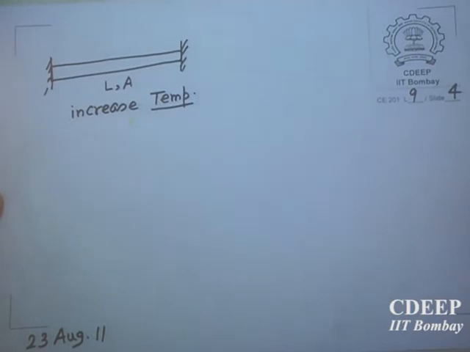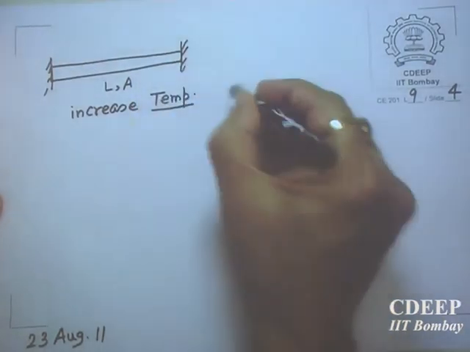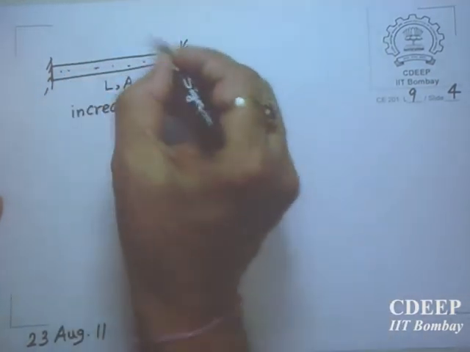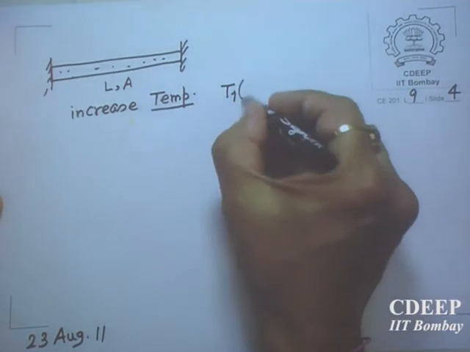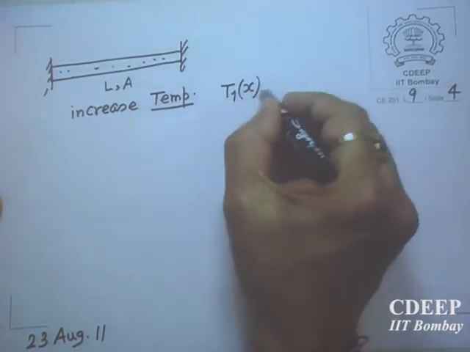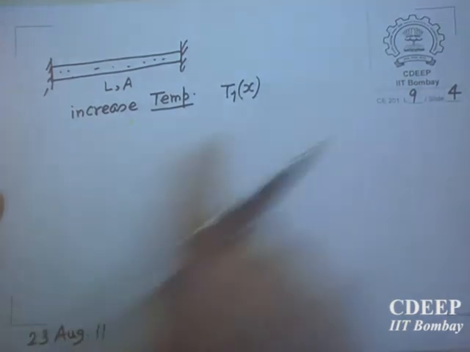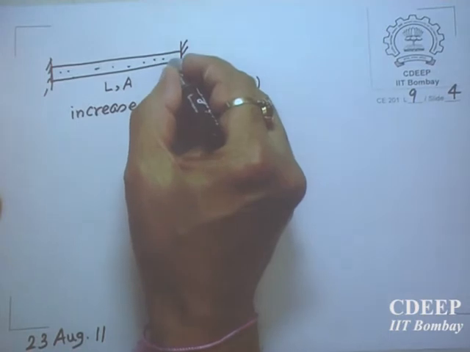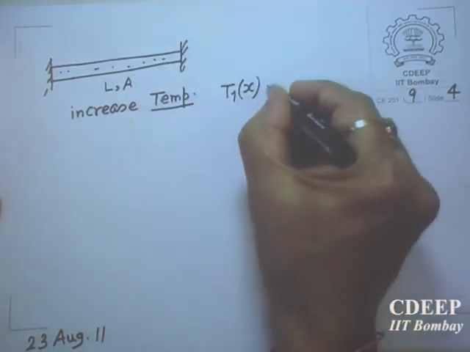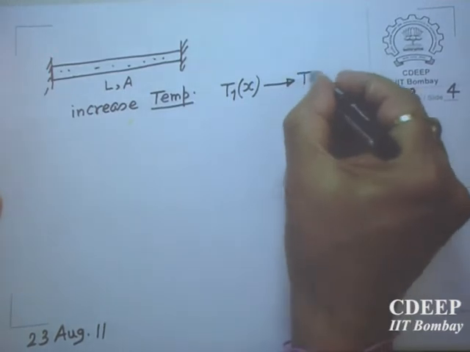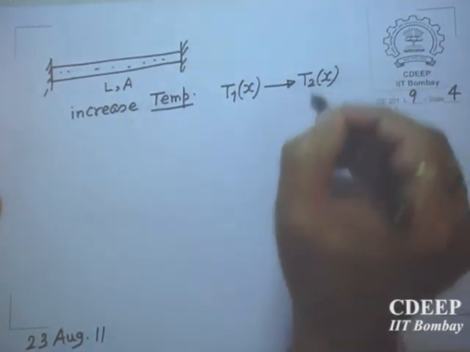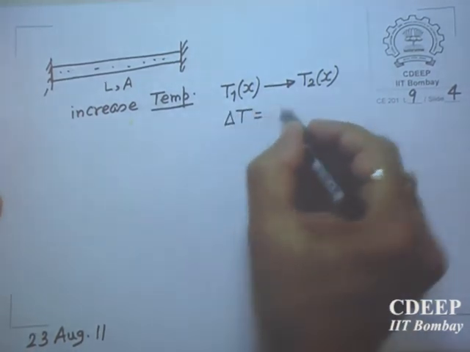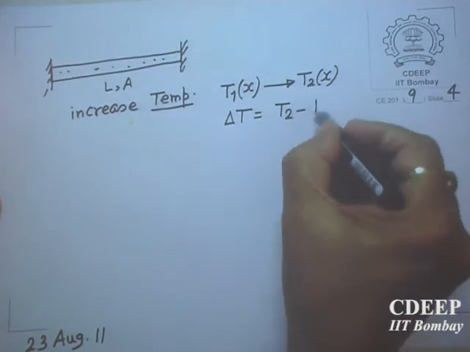So temperature earlier was, let us say, T1 of all these particles. Entire rod was at T1. Any general point x in this rod had the same T1. Now it has gone to T2. All the points have undergone a rise in temperature, delta T, equal to T2 minus T1.